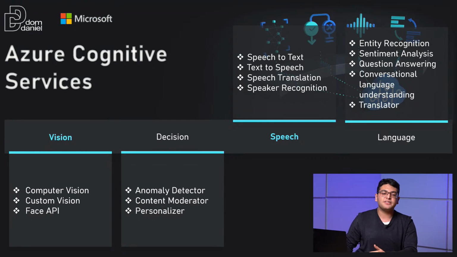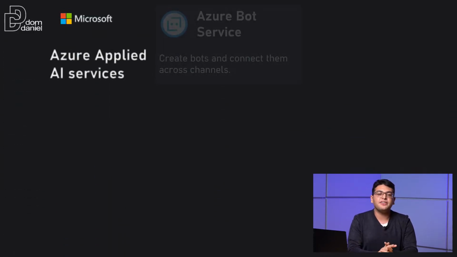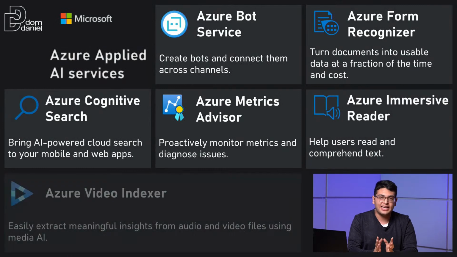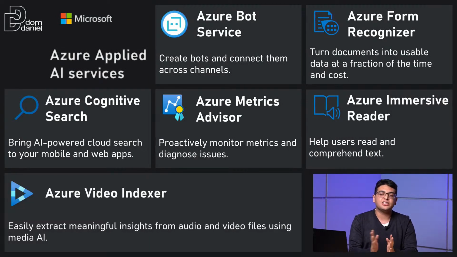And Microsoft decided to not stop here, and they also applied Azure Applied AI Services, which combines these cognitive services, some business intelligence, and task-specific AI, and they made 6 different services, including Azure Video Indexer, like Azure Bot Service, which gives you ability to create conversational bots, Form Recognizer, which, for example, gives you ability to have invoices recognized, and you can use this to extract data from invoices.